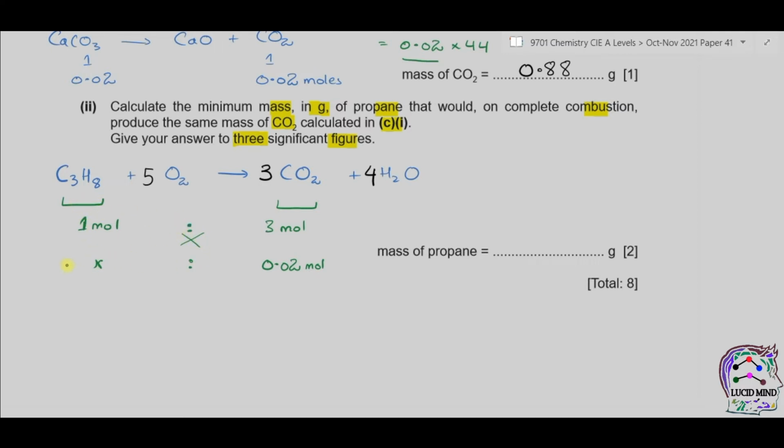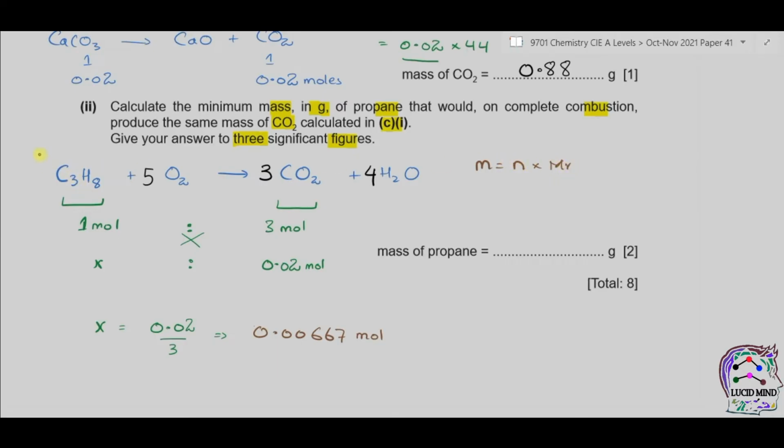So by cross multiplying we can find the number of moles of propane. It comes equal to 0.00667 moles. Now again using the formula of mass is equal to moles into molecular mass.